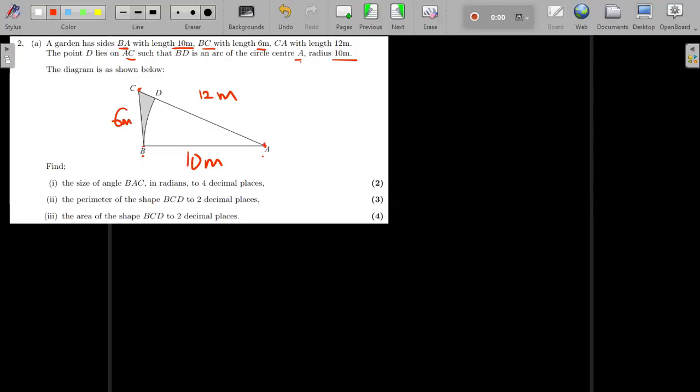We've also been told that this A here is the center of the circle, so you have a whole circle around it. From the center to the end B here, we have 10 meters, which is the radius of the circle.